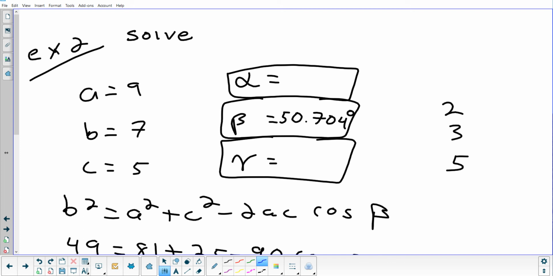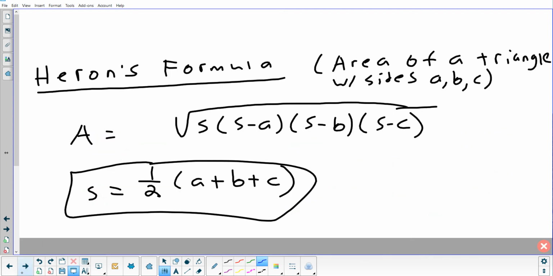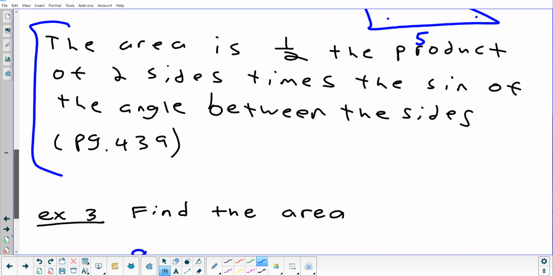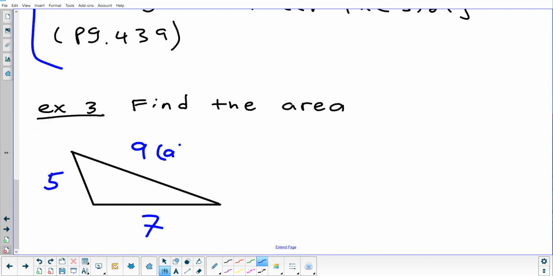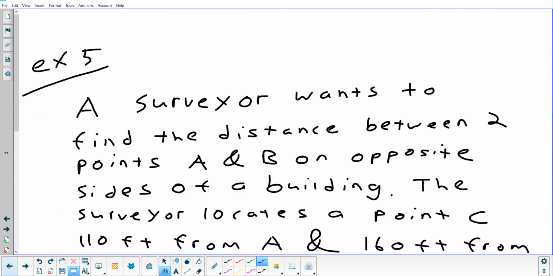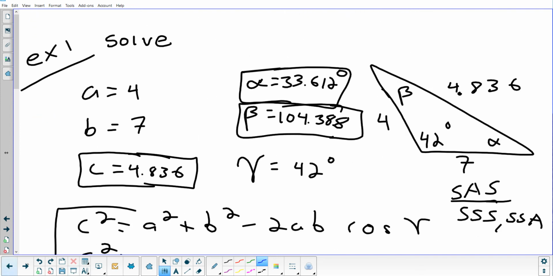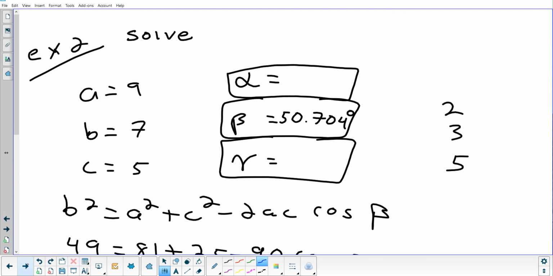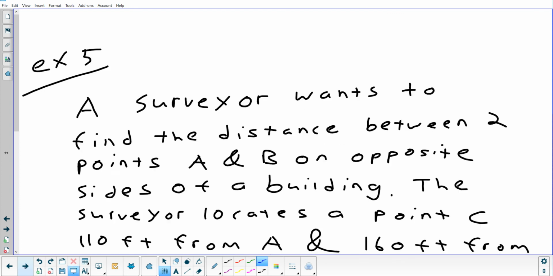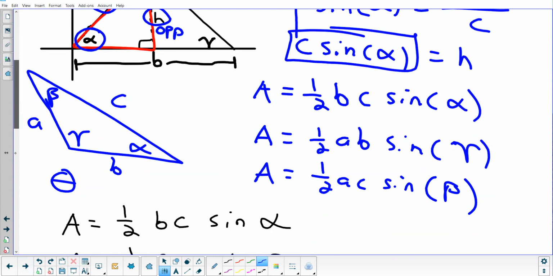I just don't remember which one was which. A, B, C, in that order. Okay. So this was A, B, C. And what angle did we find? We found beta, 50.074. So I'm just drawing it out.